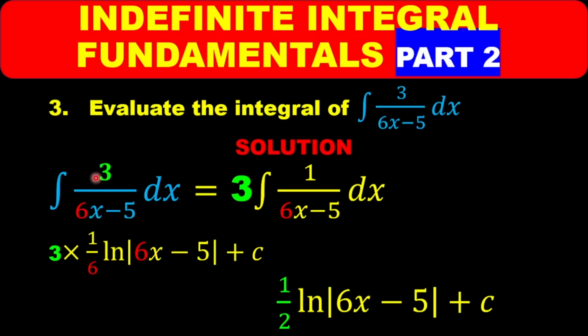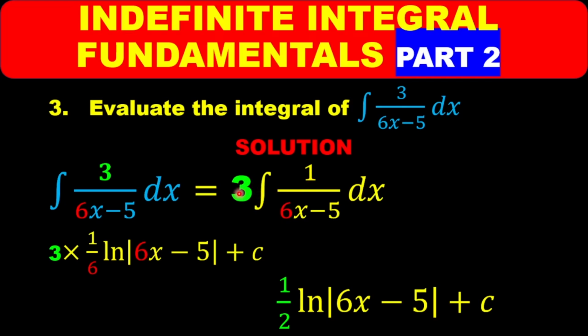Now because this 3 is more than 1, I factorize it outside the integral sign. So this 3 is what we see here. Now if you take 3 out, what will be remaining here is 1. So we have 1 here. Don't forget that this 1 times this 3 will give us 3. But then we want to follow the standard integral procedure where this side must be 1 for the fundamentals. And so this 3 is out.